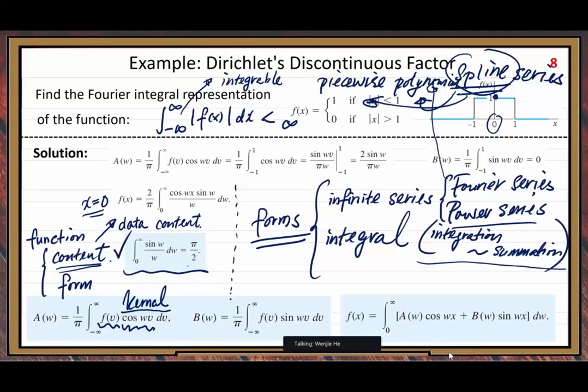So continuous as a whole thing. So integral is a continuous version. So we use the continuity property of a function.